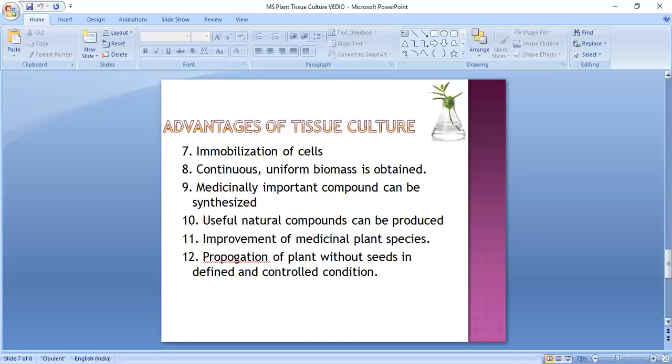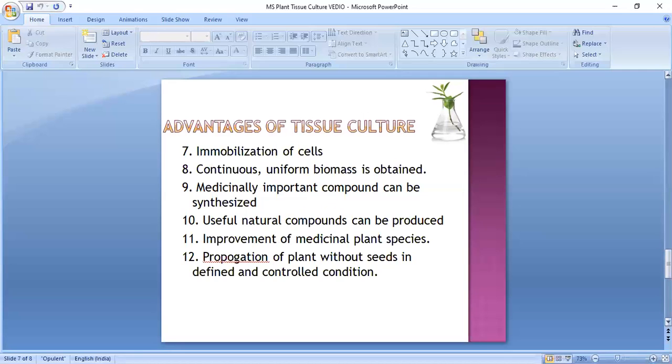Furthermore, advantages are there, like next is immobilization of cells. Immobilization of cells means the cells are entrapped into different media for further use. Or you can say that tissue culture can be used for plant preservation by immobilization.